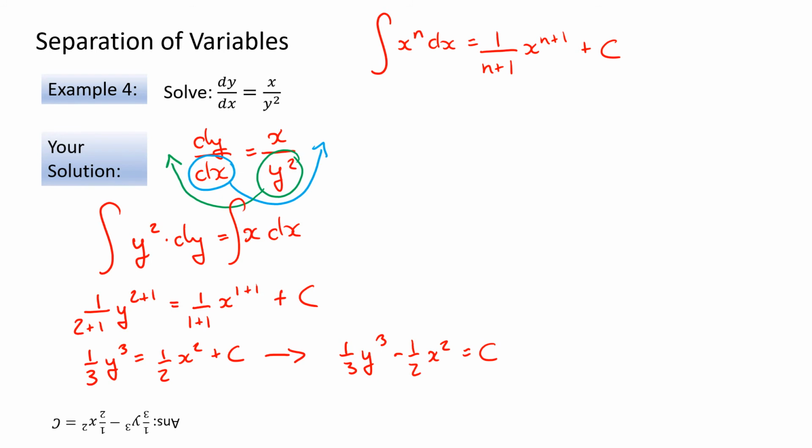You don't have to have one of them be just y and one of them just x. It can be in a form like this because this now is a solution. It's not necessarily a particular solution because we don't have the constant calculated yet.